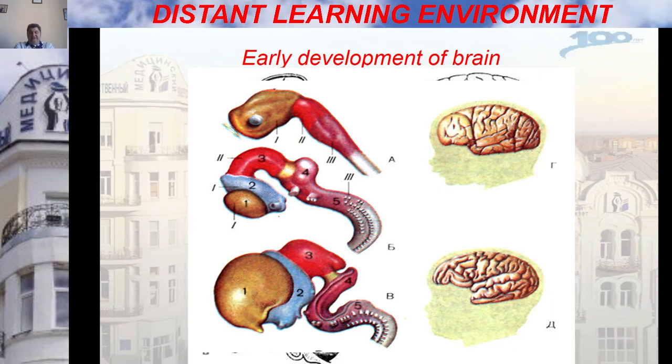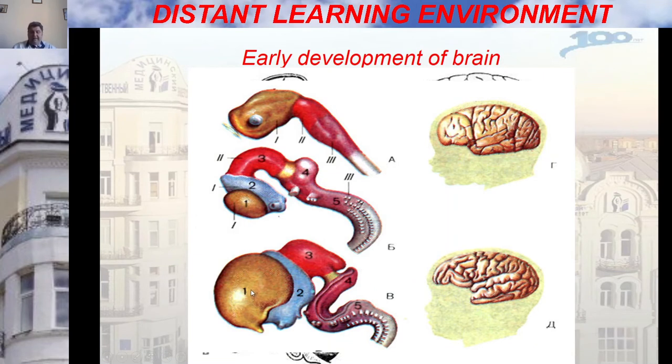The differentiation and change in shape of the prosencephalon are more marked. It is subdivided into a posterior part, the diencephalon, you may see number 2 in blue color, and an anterior part, the telencephalon, you may see in brown yellow color here in number 1.